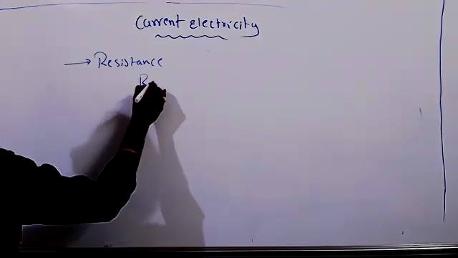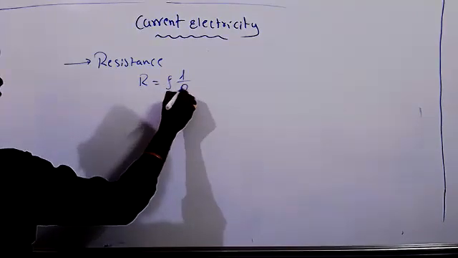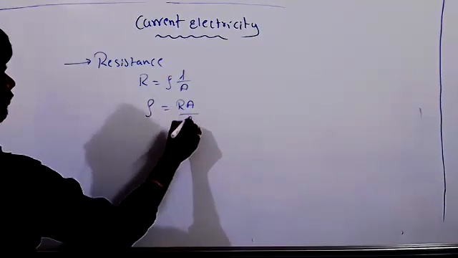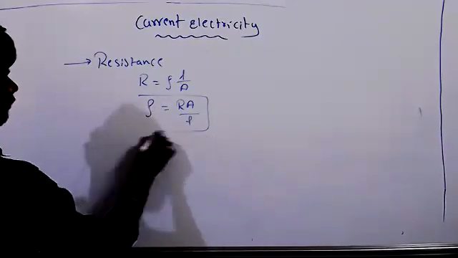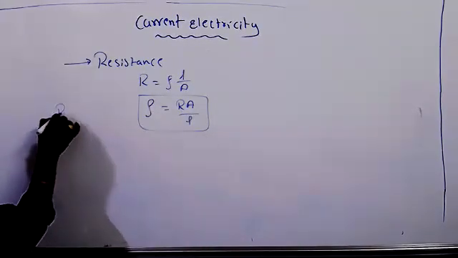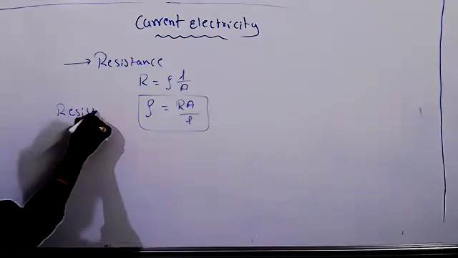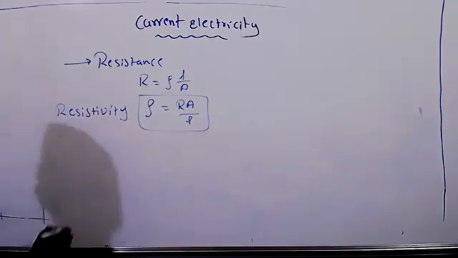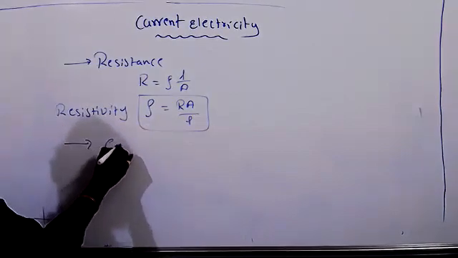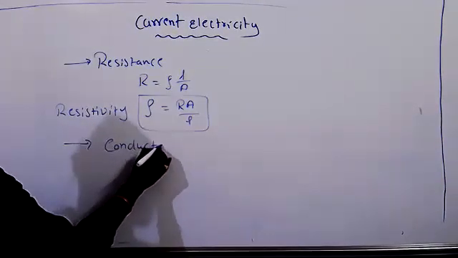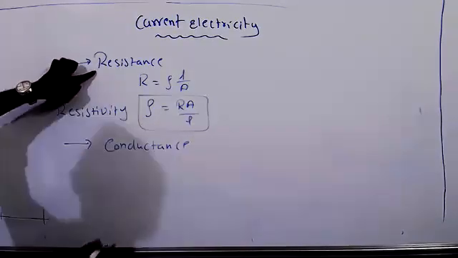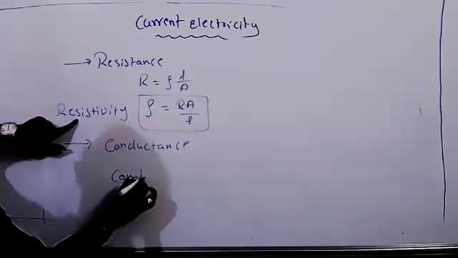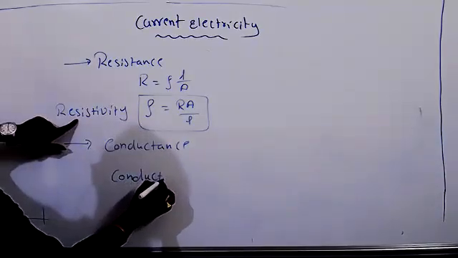Resistance, just now we have written R is equal to rho L by A. Here resistivity is equal to RA by L. Resistance, conductance, resistivity, conductivity.